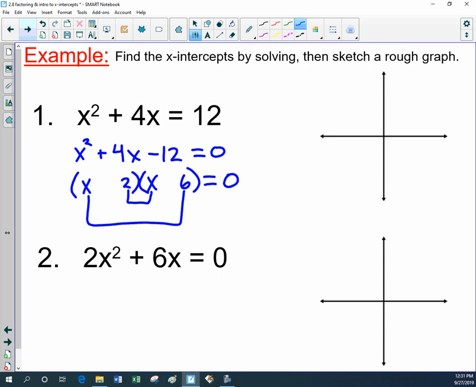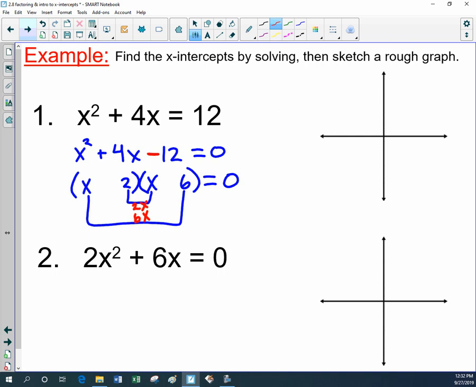Okay, and then what do I know about my signs if this is negative? Opposite. They're going to be different. So if they're different, then I'm looking for the difference of these two values, 2x and 6x. The difference of 2x and 6x is 4x.